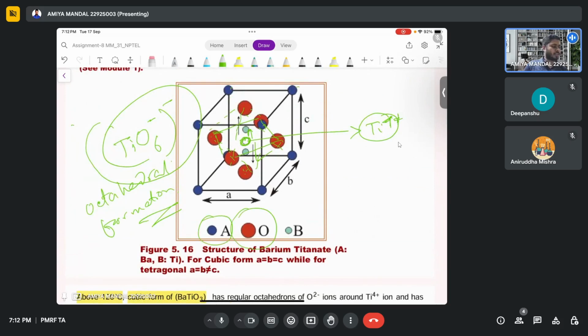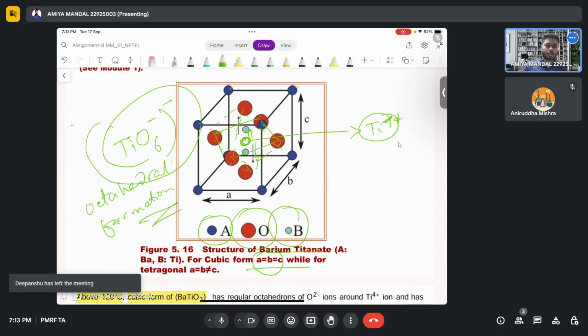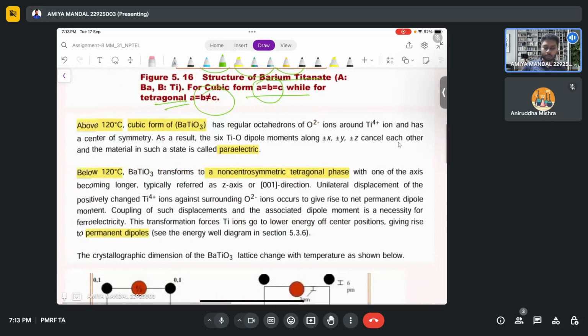I already discussed unit cells and their orientations in the very first lectures. This is the crystal structure of barium titanate. For cubic structure formation, a equals b equals c, and for non-cubic structure a is not equal, as in the tetragonal structure.